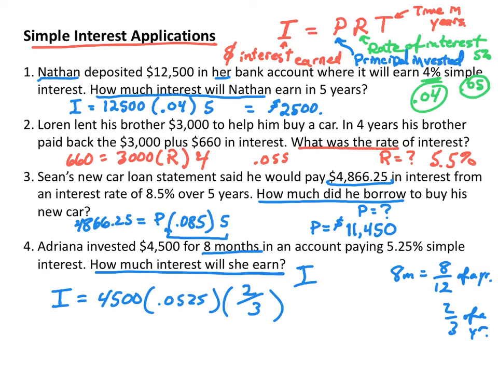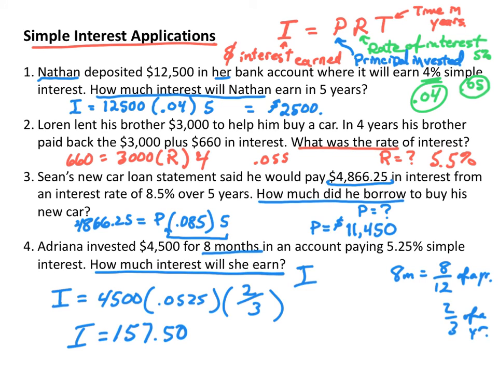Okay, so it's just a multiplication problem. 4,500 times 0.0525 times 2/3 should be $157.50 earned in interest.